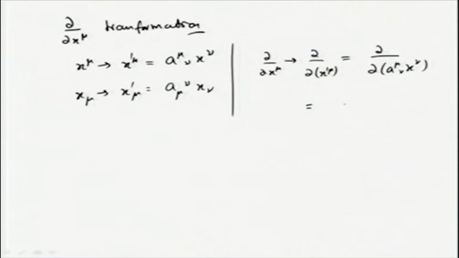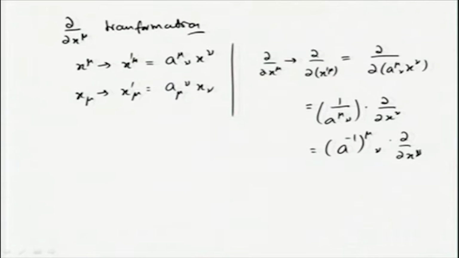I can write it as 1 over a, times ∂/∂x^ν, and this 1 over a is essentially the μν-th component of the A inverse matrix times ∂/∂x^ν. But we saw in the earlier lectures that A inverse is essentially equal to a_μ^ν ∂/∂x^ν.